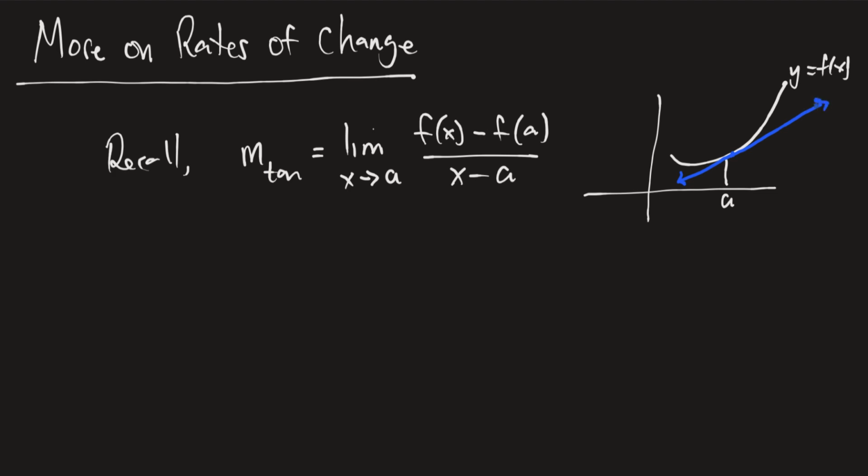So the slope of this line is what we're indicating by the symbol m sub tan. The abbreviation TAN stands for tangent, and of course we're using m because we're still talking about a slope, and we typically use m to represent a slope, right?